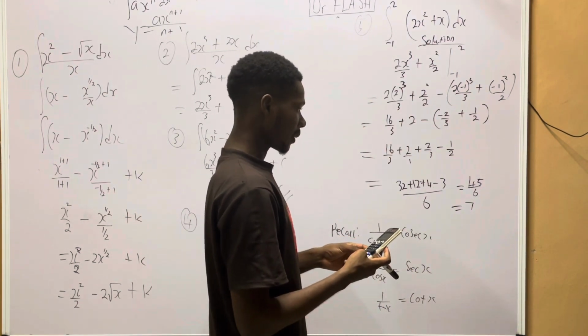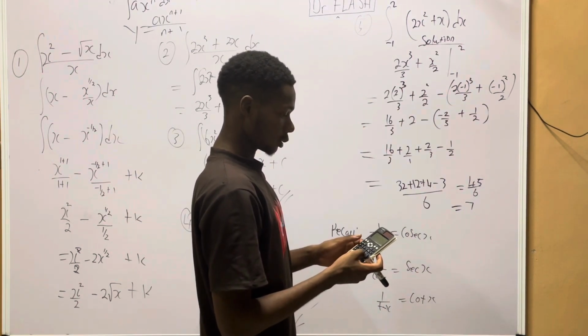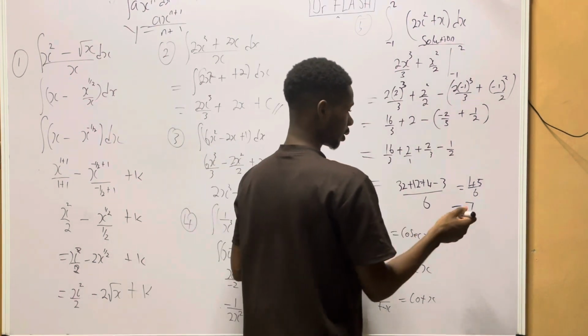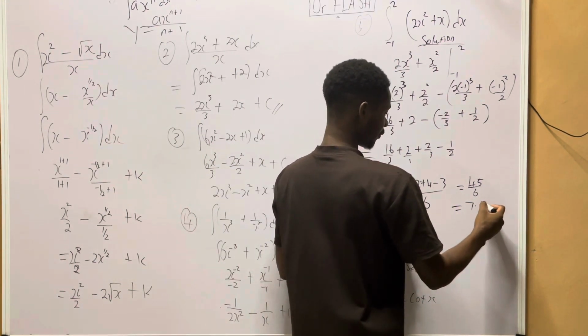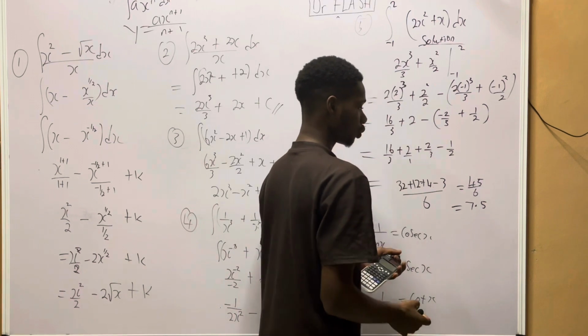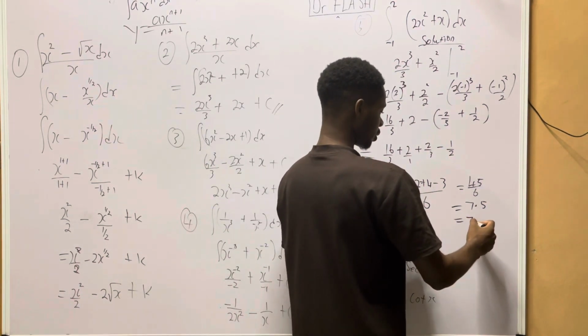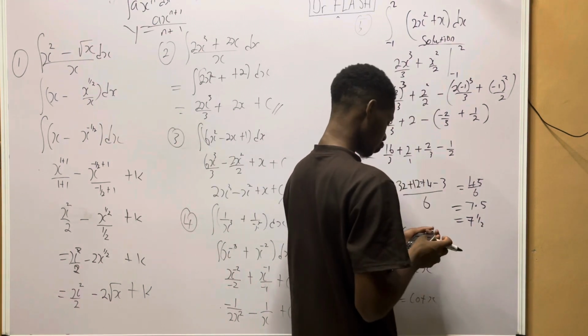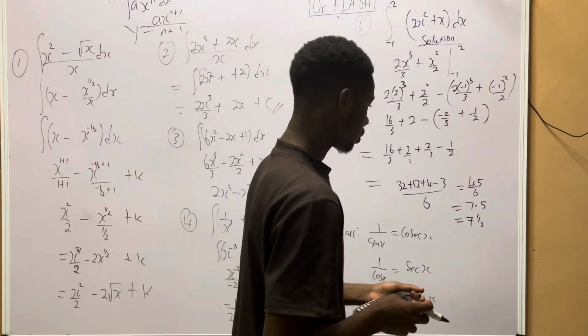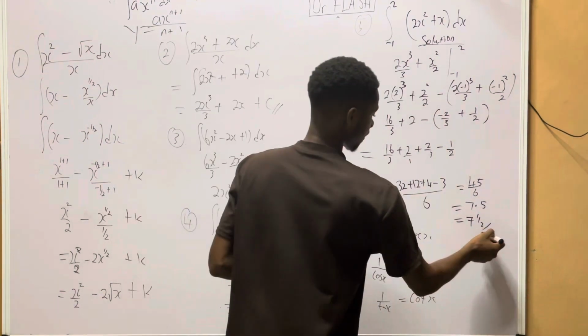So 45 divided by 6, that's 7.5 in decimal. Or we could as well write it as 7 whole number 1 over 2. Okay, so that's the final answer.